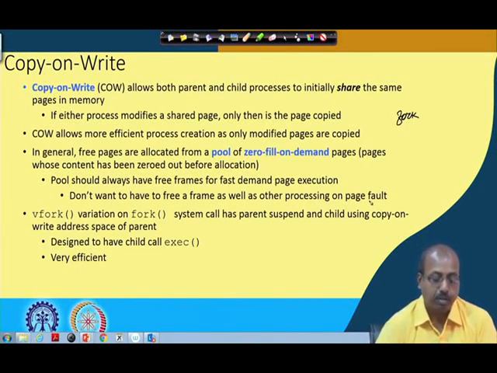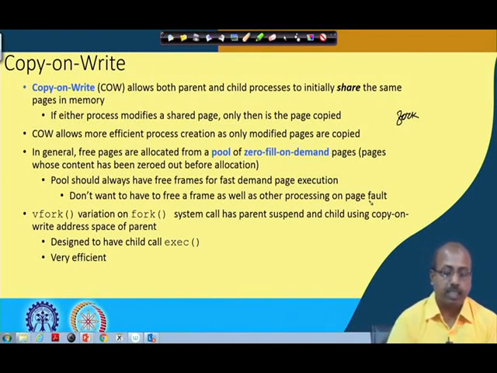Then there is vfork, which is a variation of the fork system call, where the parent is suspended and the child uses the copy on write address space of the parent. The parent process gets suspended, and the child process uses the copy on write address space. If there is a write, only then will the parent address space be copied to a new page, and the child will modify it.